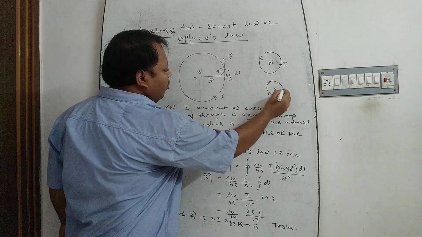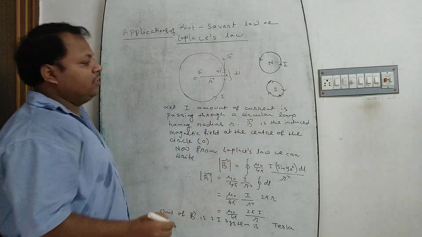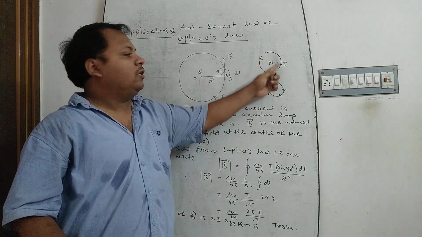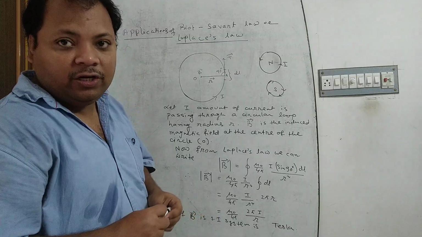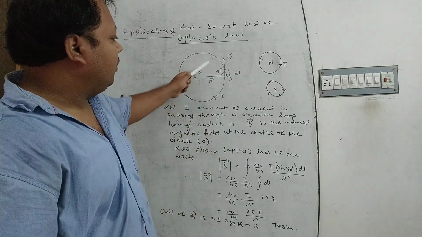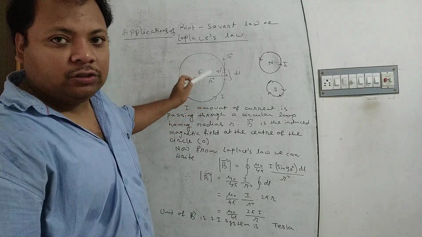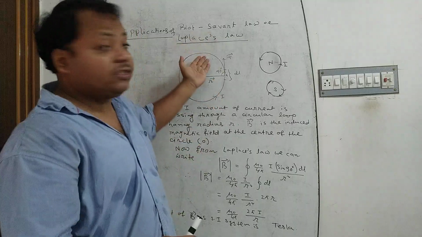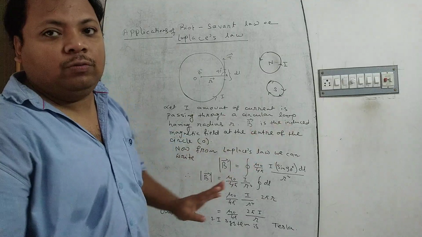In this case the current flows in anti-clockwise direction, therefore it is the north pole, and the opposite side of the circular loop is induced south pole.